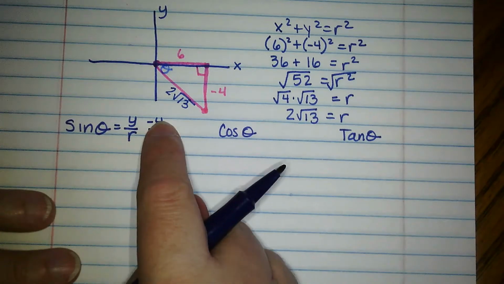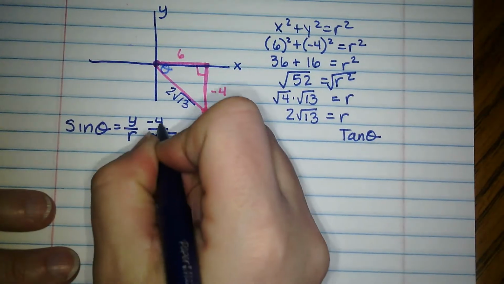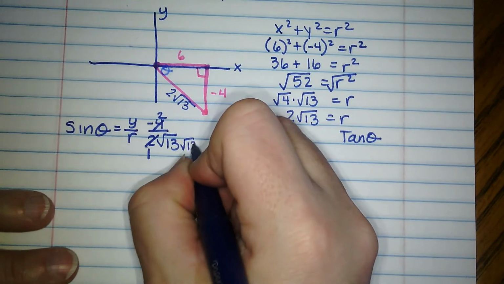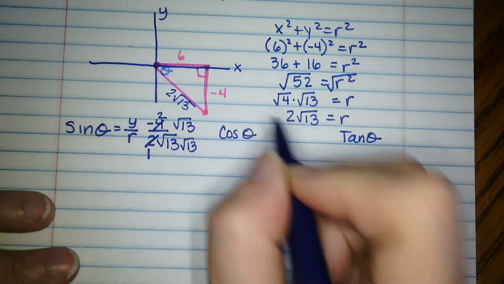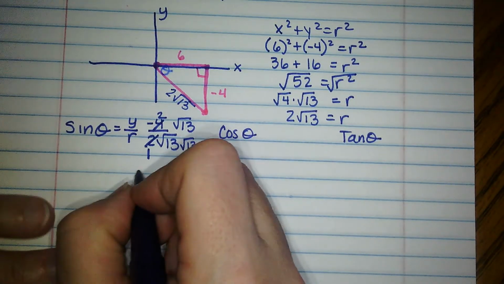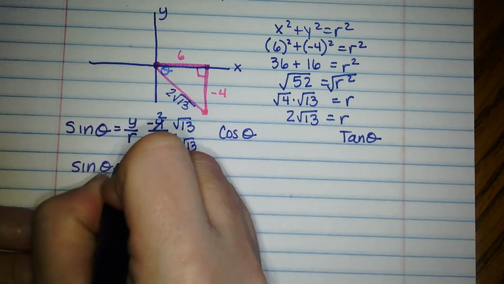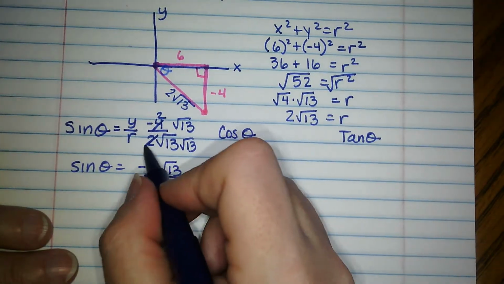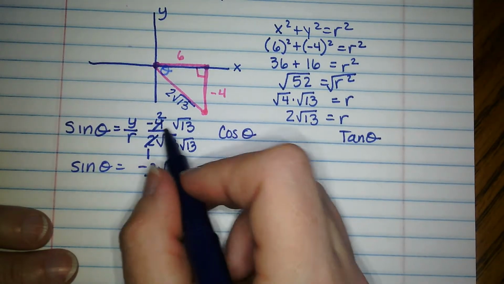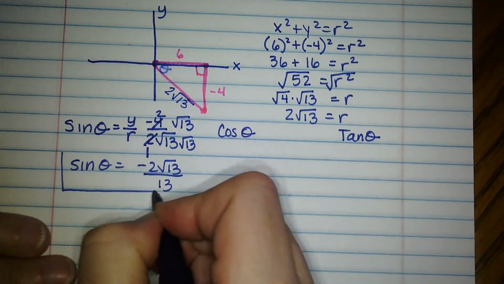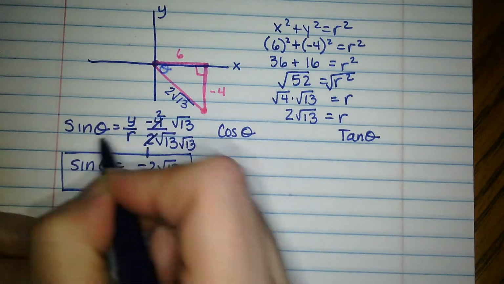I'm going to simplify the 2 and the 4 first, and then rationalize the 13. So I have left on top a negative, a 2, and a radical 13. And on the bottom, I have a 1, and square root of 13 squared is just 13. Here's my answer. Sine is negative in quadrant 4.